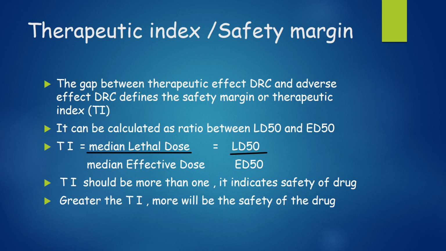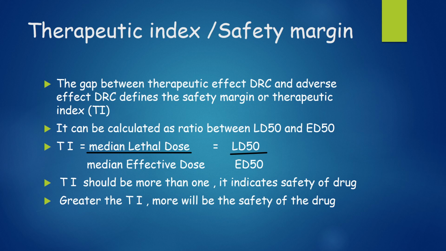It can be calculated by taking the ratio between lethal dose 50 and effective dose 50, that is LD50 by ED50. LD50 means the dose at which 50 percent of patients have got an adverse effect, that is the lethal dose.